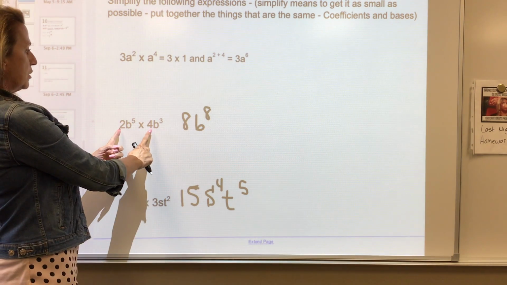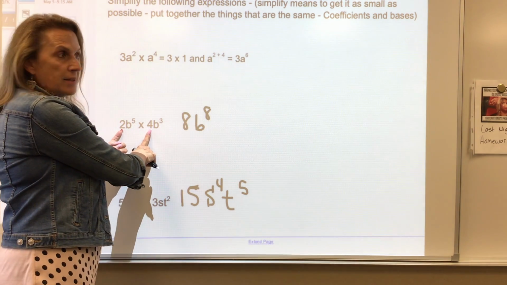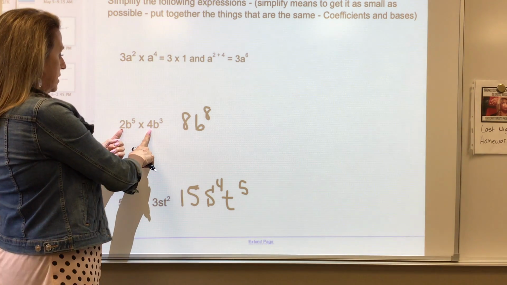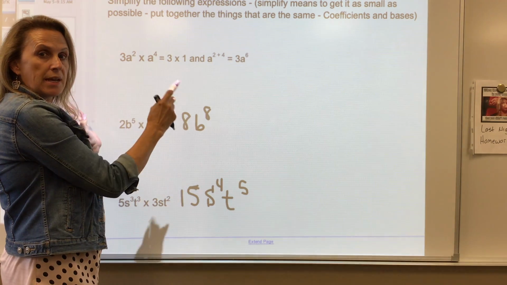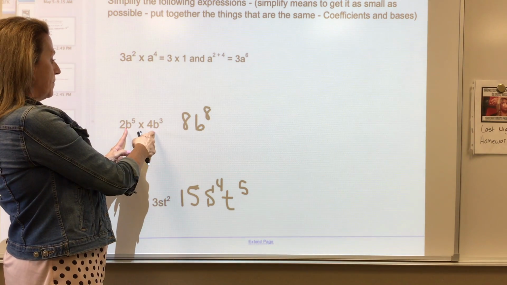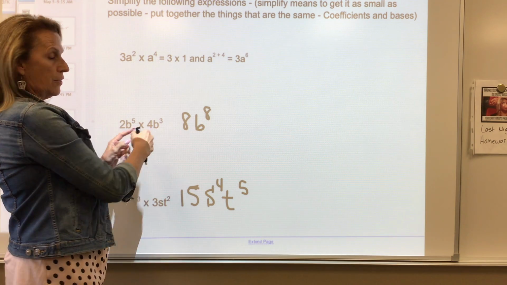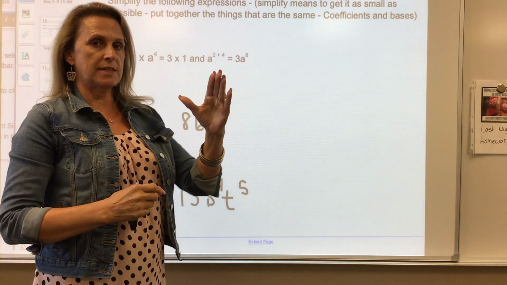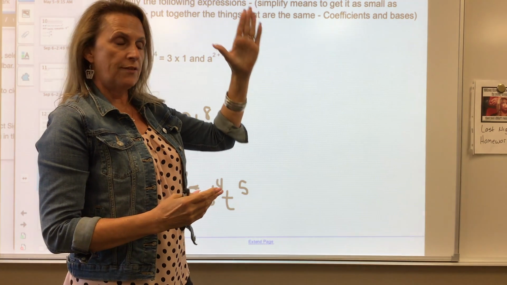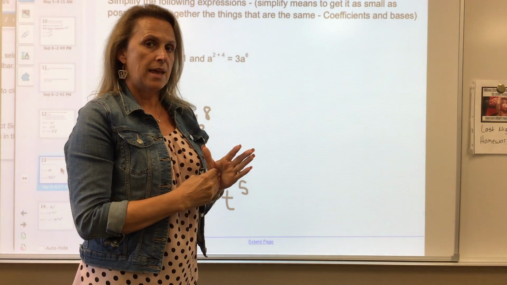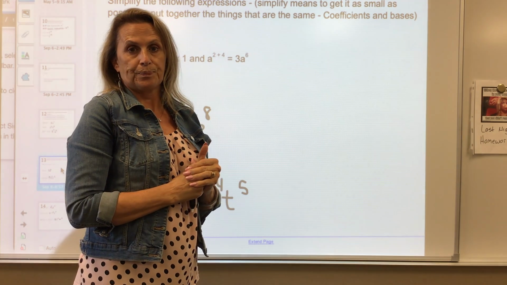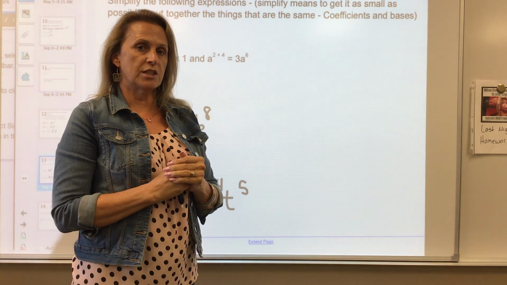And like here, I can multiply the 2 and the 4 together, because they're just coefficients, they're just numbers. And so they're not considered bases, which means I can just put them together, because it is saying 2 times 4, and then b to the 5th times b to the 3rd. So you do just have to be able to see if it doesn't have an exponent, it's just a number. If it has an exponent, it's a base, and it can only be put together with bases that are the same. So if you have any questions, let me know.